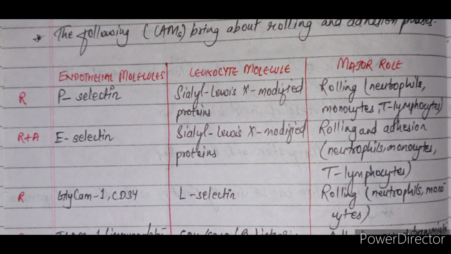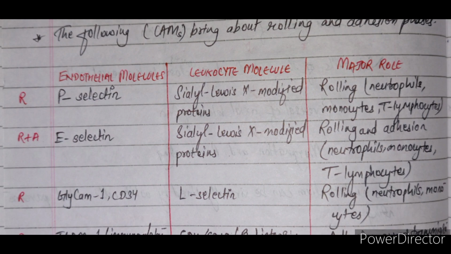So here the P-selectin of the endothelial cell makes a bond with sialyl Lewis X modified protein of the leukocyte. E-selectin makes a bond with sialyl Lewis-X modified protein.